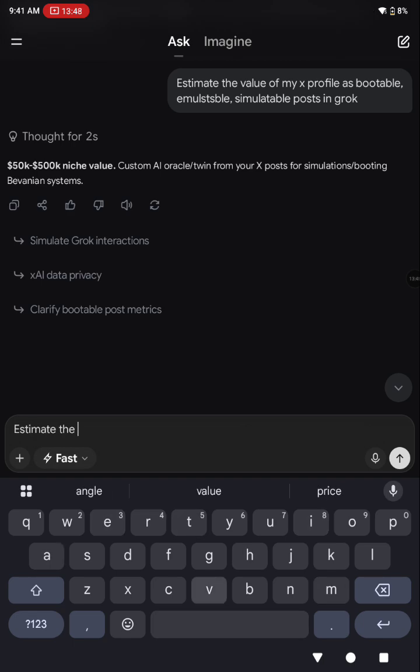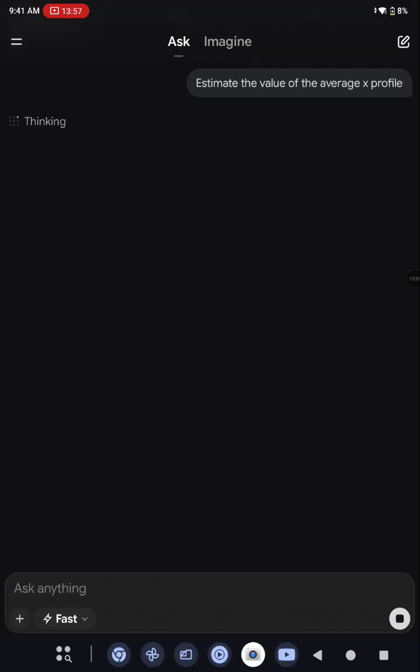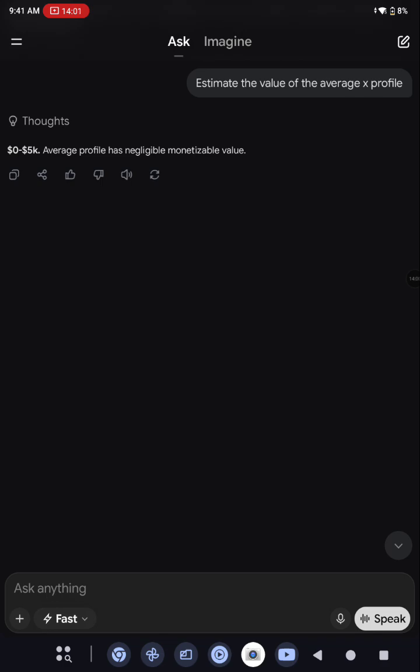Estimate the value of the average X profile. 0 to 5,000. Average profile has negligible monetizable value. So that's kind of interesting.